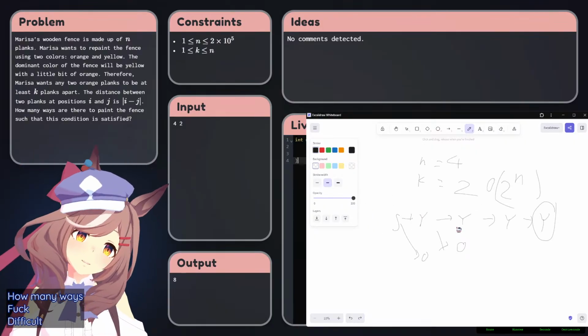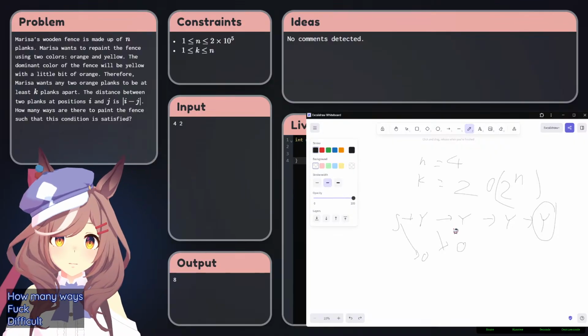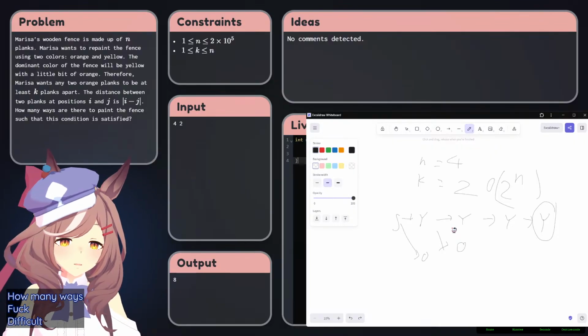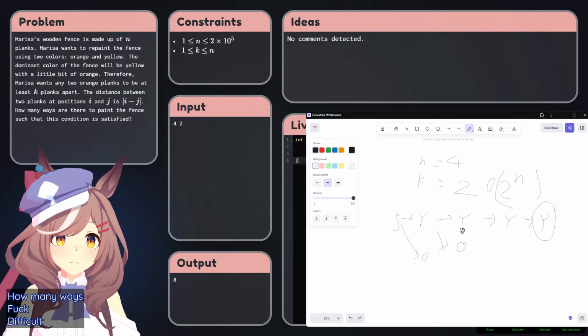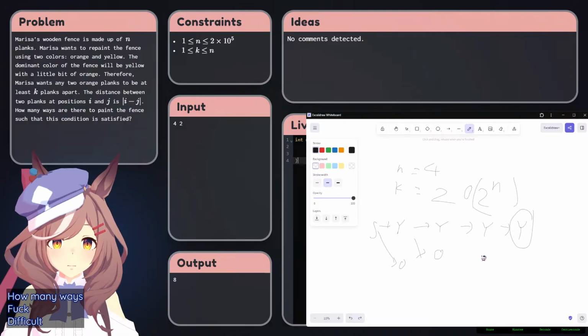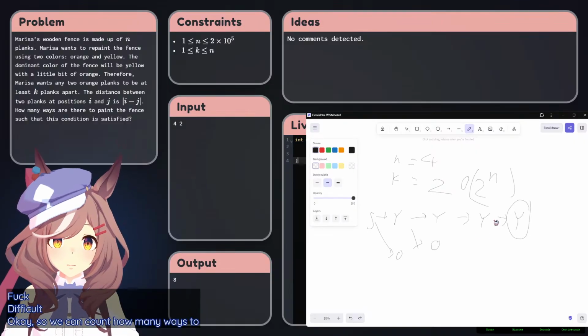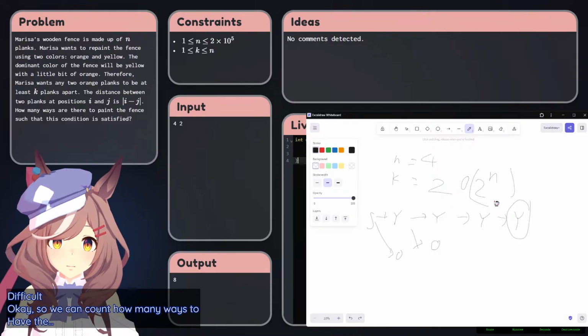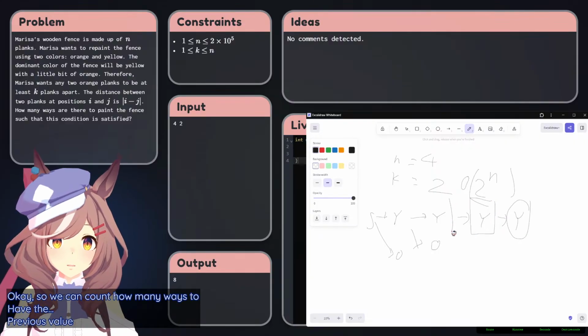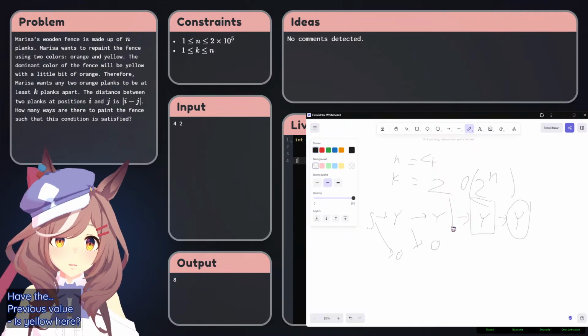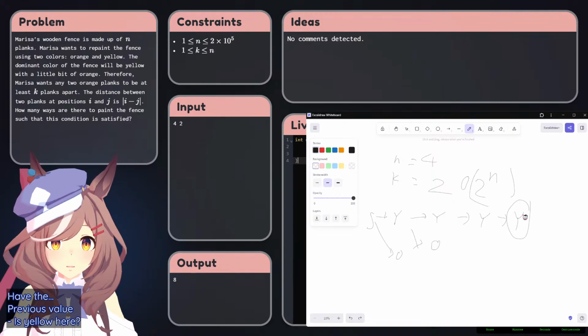Okay, so we can count how many ways to have the previous value as yellow here, or yellow when this is yellow.